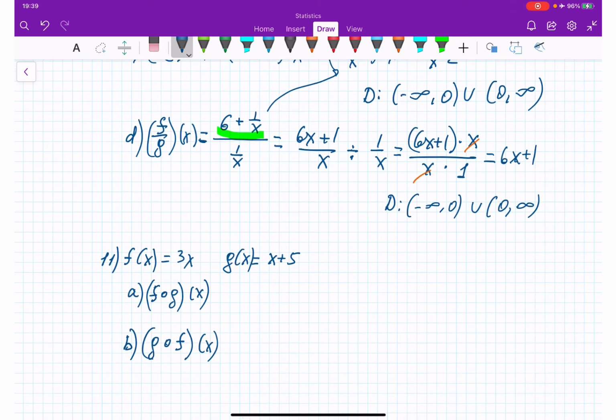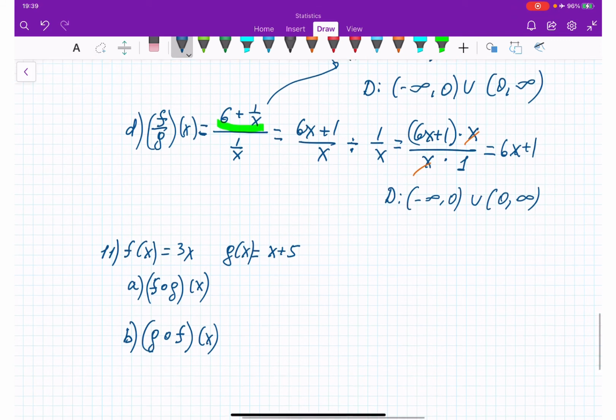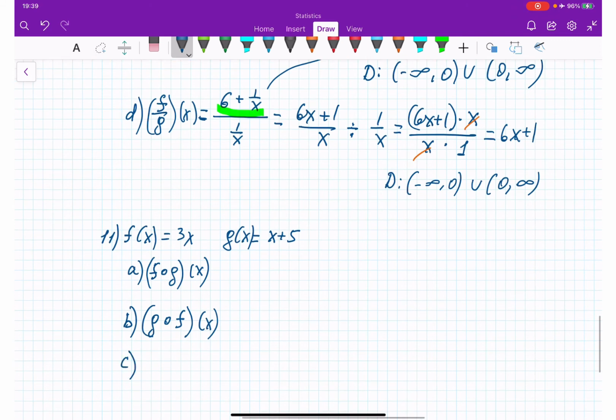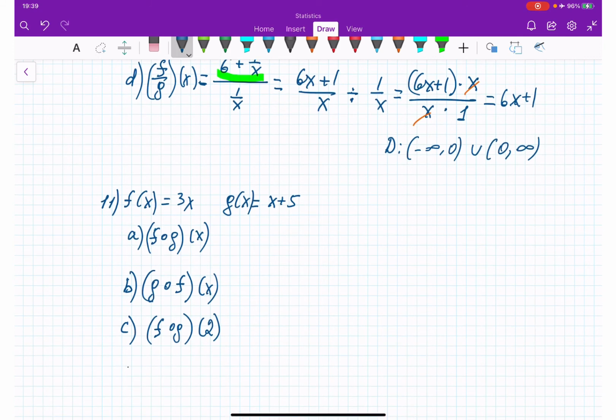And then c, we're going to find the composition f with g for the value of x is 2. And lastly, the composition of function g with f for the value of 2.